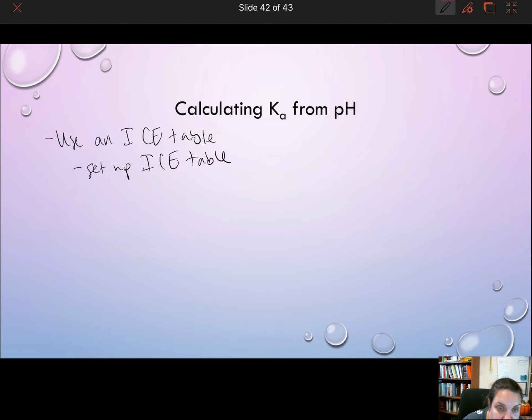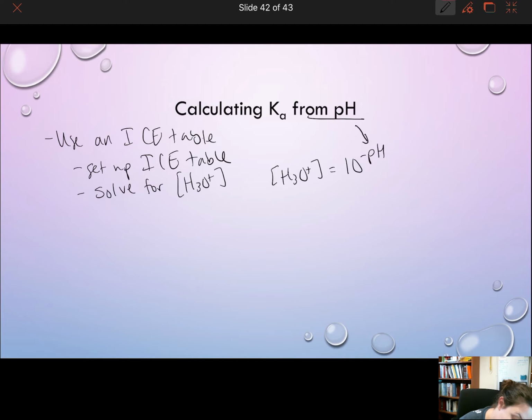After we've done that, we're going to solve for our hydronium concentration using H3O plus is equal to 10 to the negative pH. So if we have pH, we can put that in there.